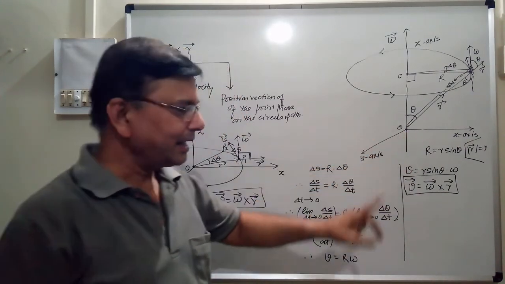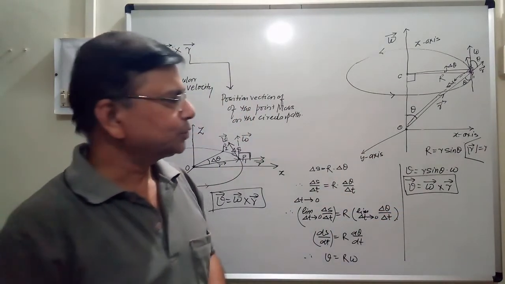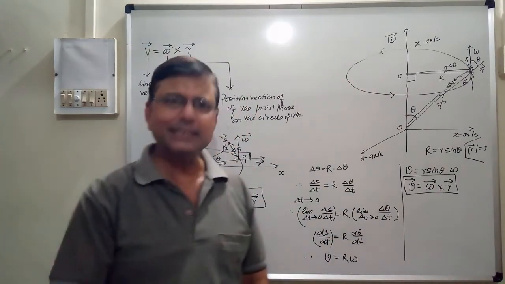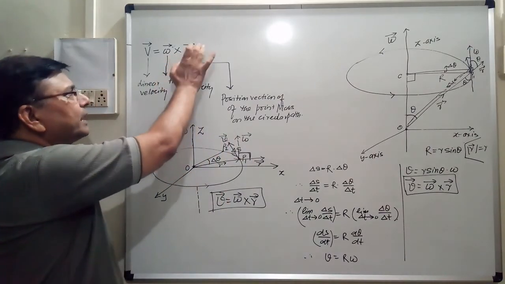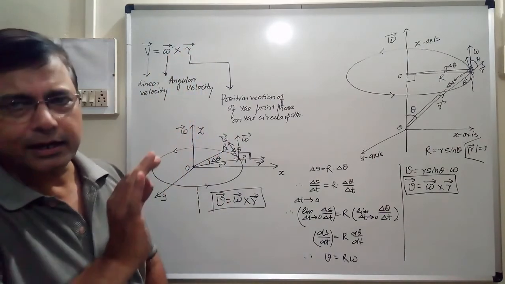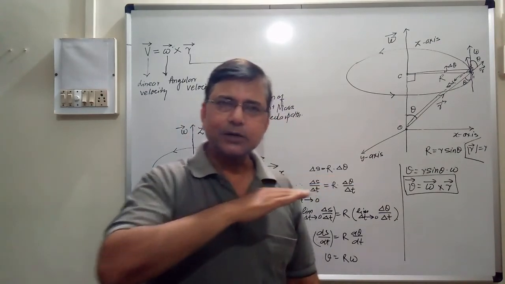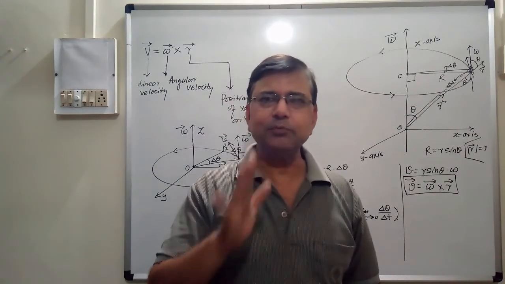Still the relation is intact, the relation is not going to change. So irrespective of the origin chosen along the axis of rotation, this relation will hold, where r is the position vector of the particle which is in circular motion. This is a very important relation that you must know. This is the proof of it.